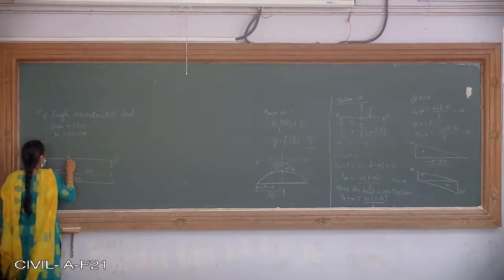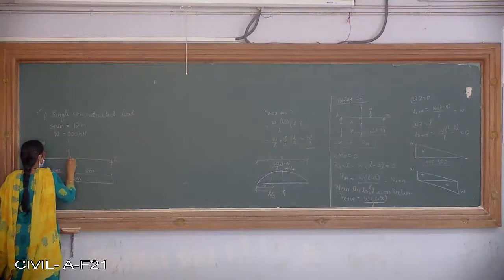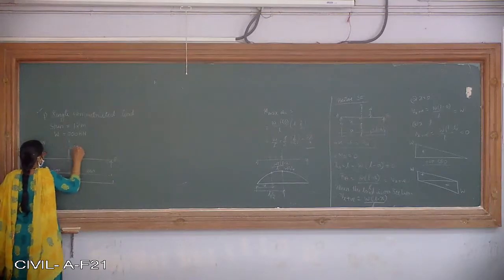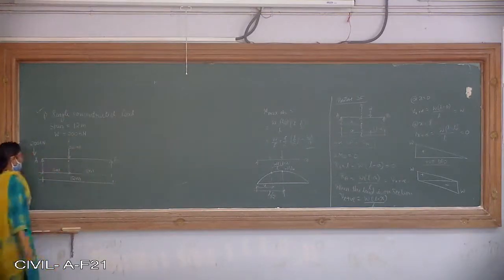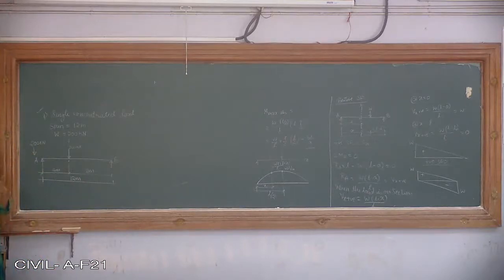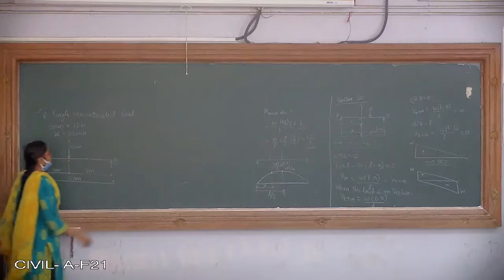Now here the load, when I place the load here at this point, what could be my values of positive shear force, negative shear force and bending moment? Okay, all the three parameters we are going to find out here. Okay, so let us calculate the shear force values first. Before that, let us calculate what could be the reactions RA and RB. So you know the formula for RA.